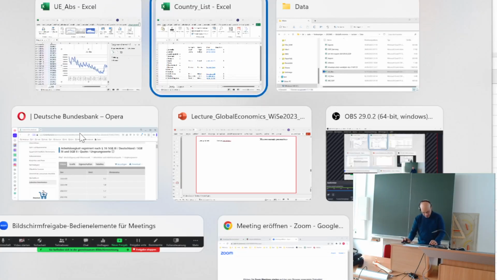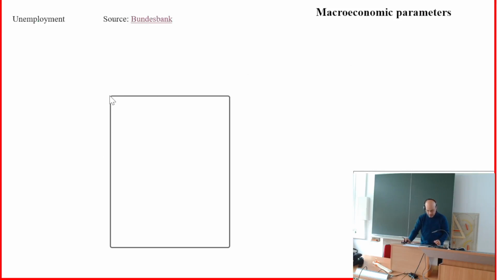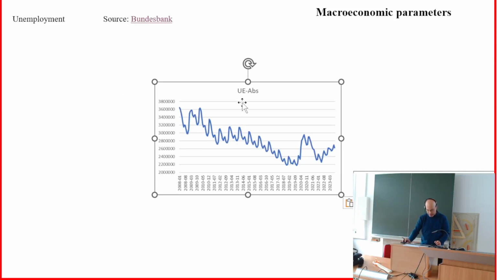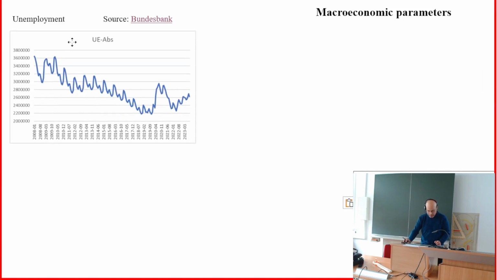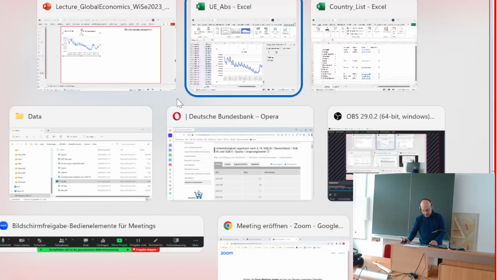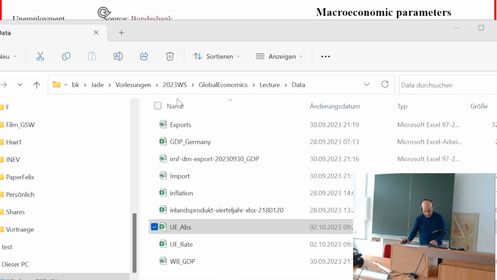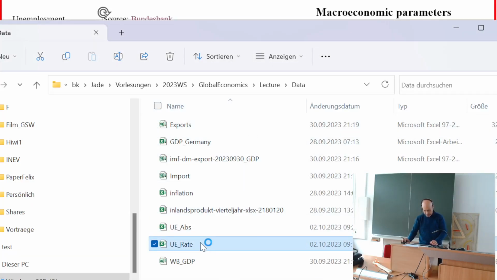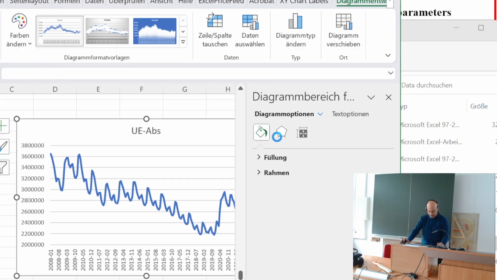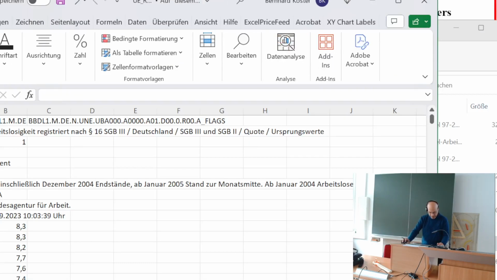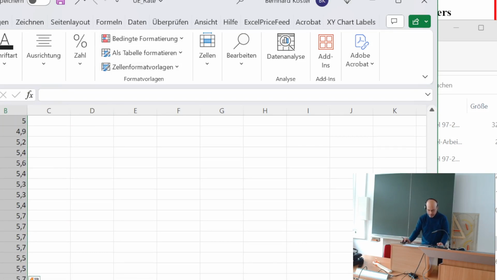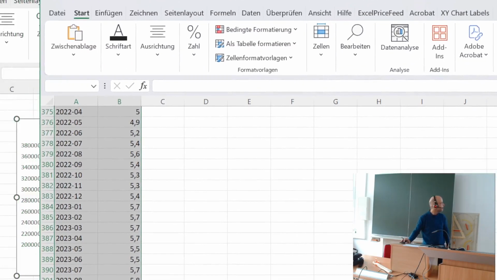So then let's go to our presentation, and this is now unemployment in absolute terms, and let's do it also for the rate. Unemployment rate. This you again don't see.